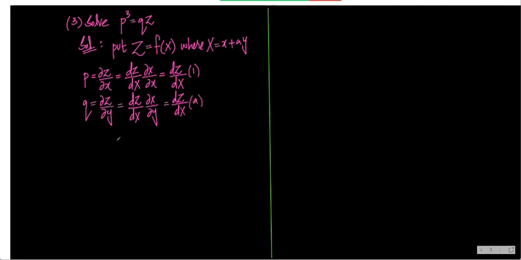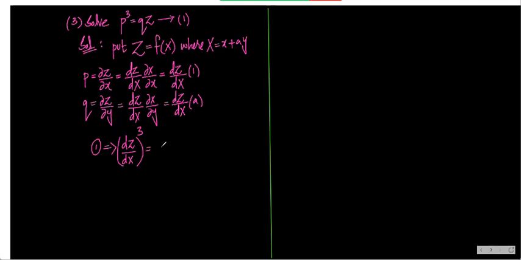Now substituting p and q in equation number 1. I want to substitute directly. Once you substitute directly, pq means this value whole cube becomes dz by d capital X whole cube, is equal to q.